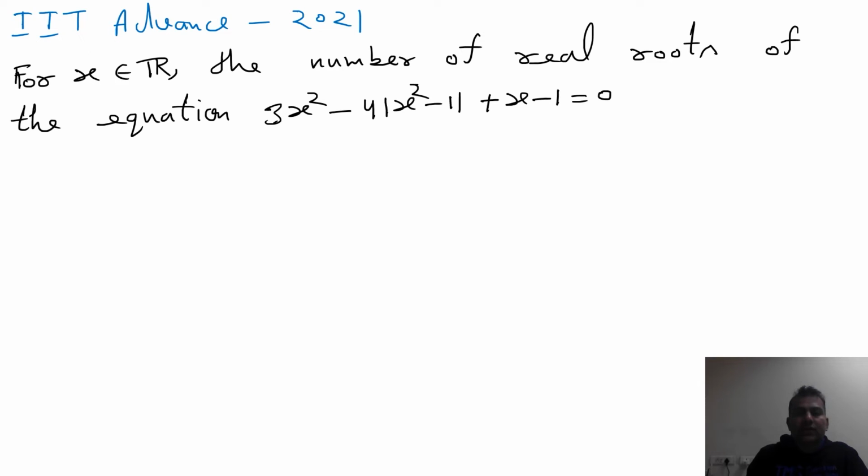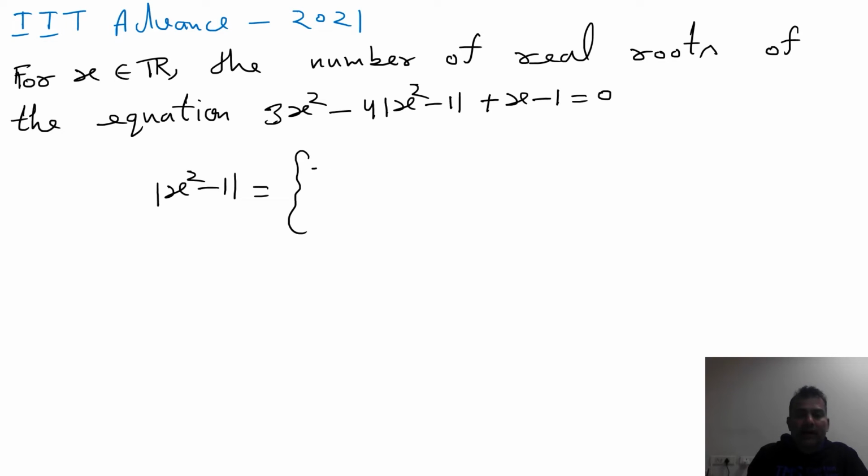Okay, so in this equation you see we have a mod of x square minus 1. So first we will break this mod. Okay, so we have two conditions. So basically mod of x square minus 1, we will break this mod like I have defined mod of x.